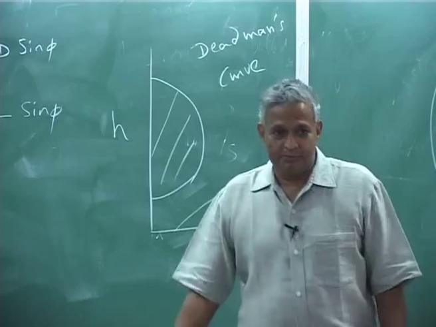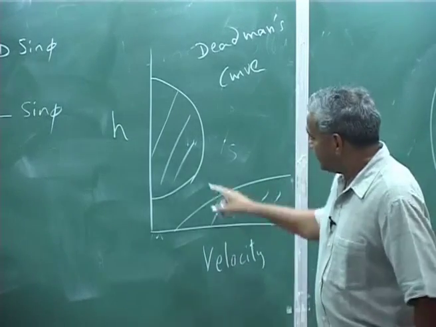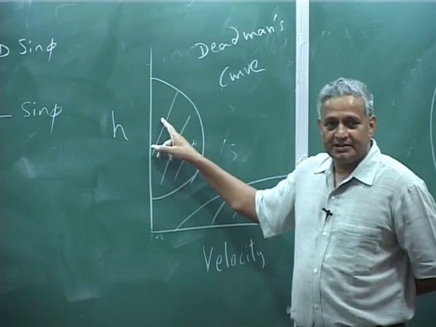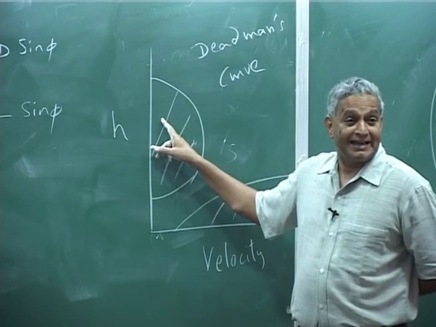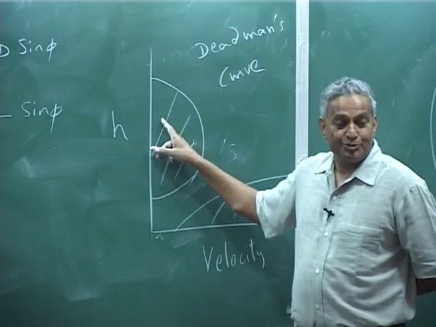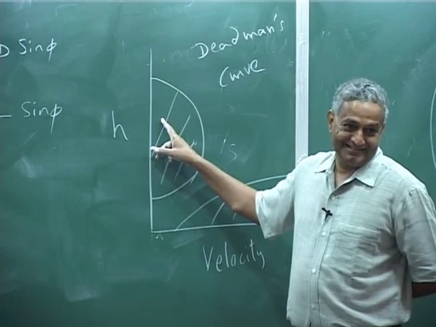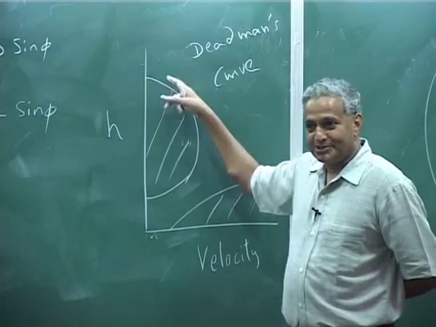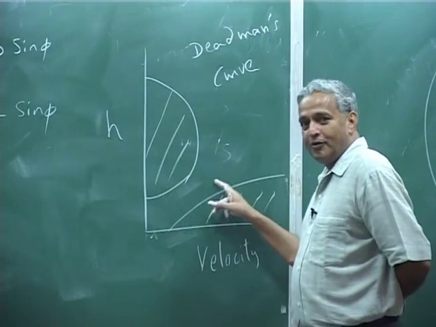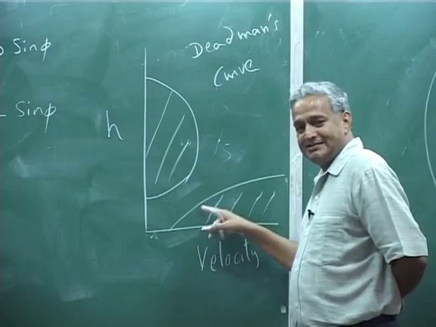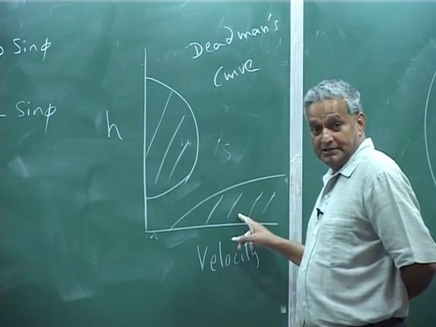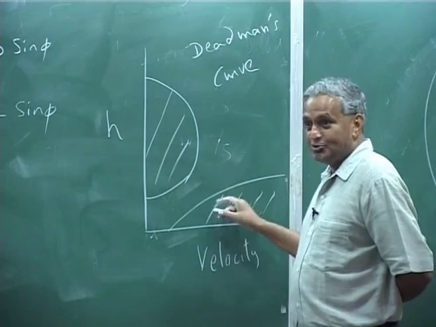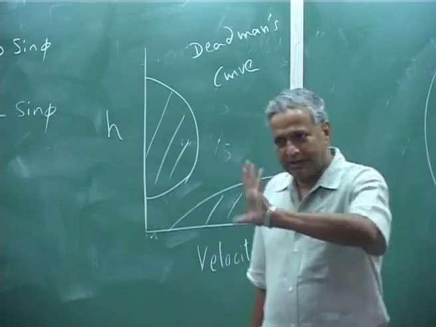Because if he is somewhere here and the engine fails, he does not have sufficient time to get into auto rotation, whereas if he is above, yes, he can get into auto rotation, and if he has forward speed, he can. If it is too low, if it falls, he cannot have the height to auto rotate. That is why this diagram is drawn.